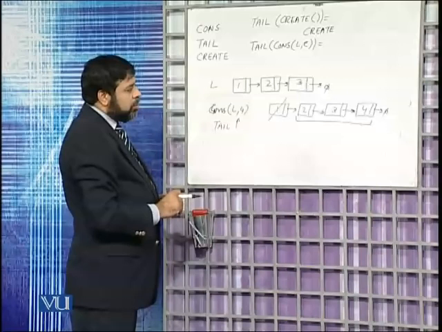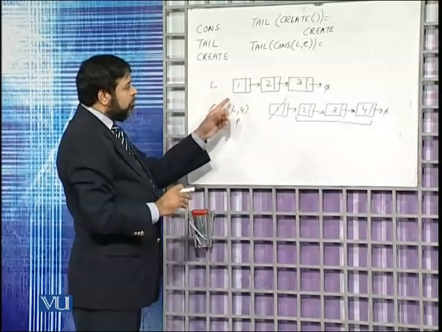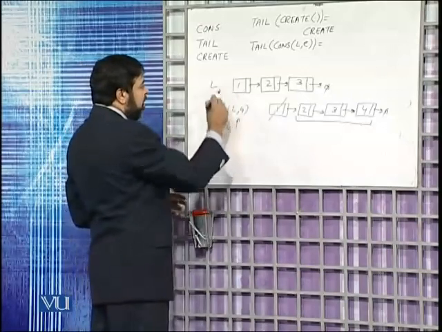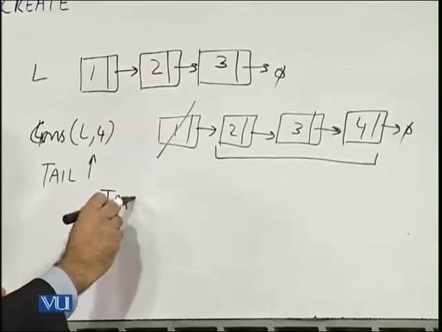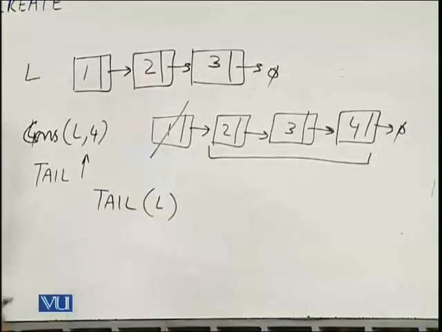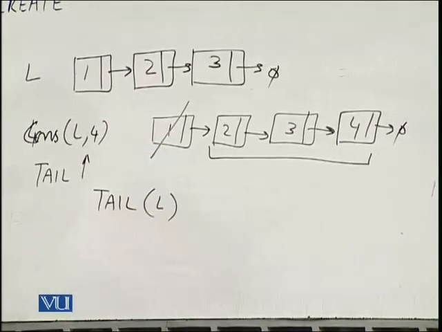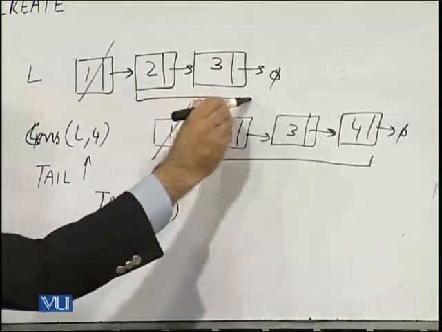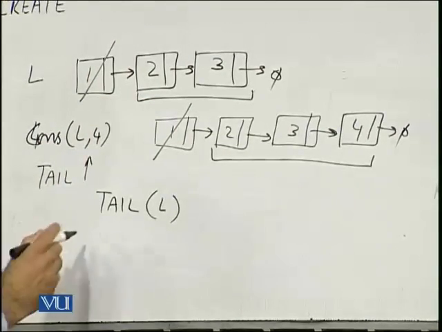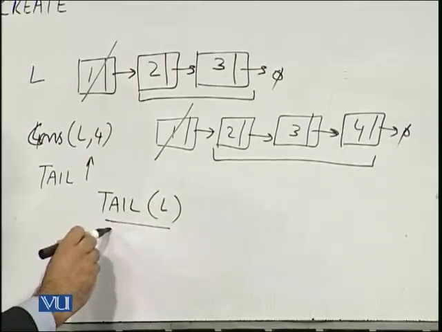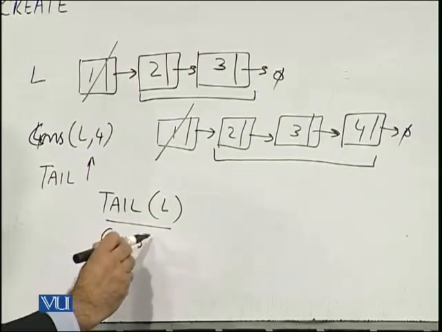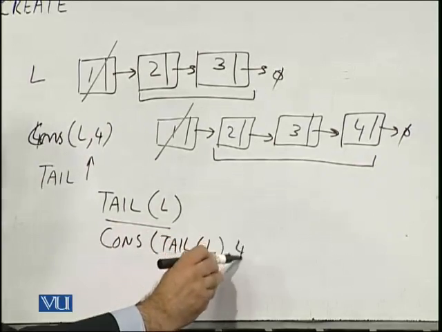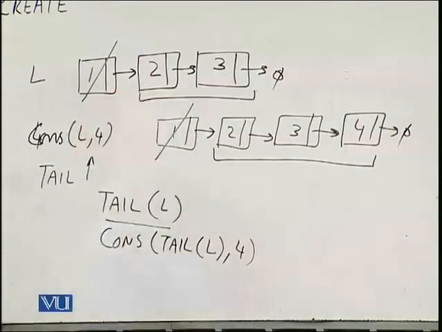Now, we start with this list again. We say tail of L. When we say tail of L, we will get this list here. And now we add four to this list.